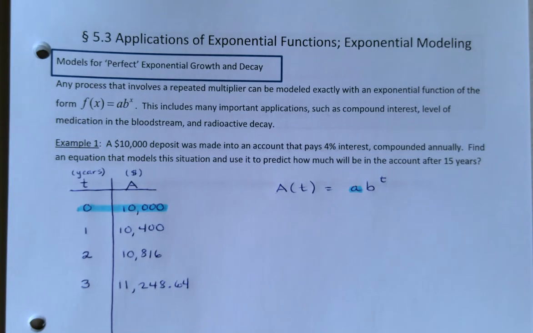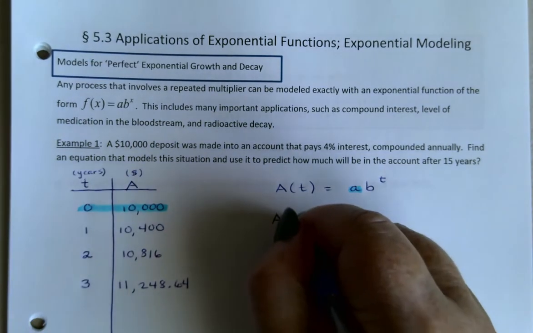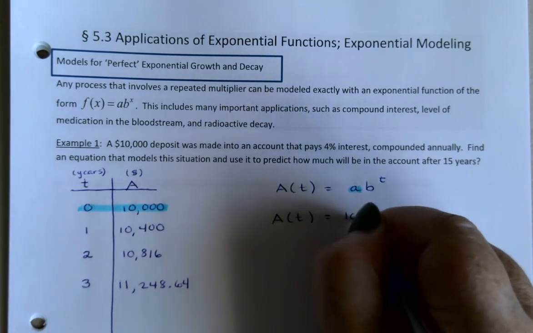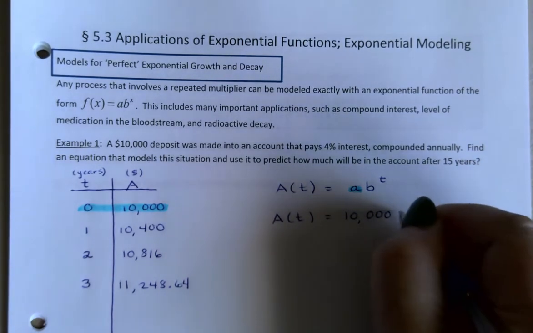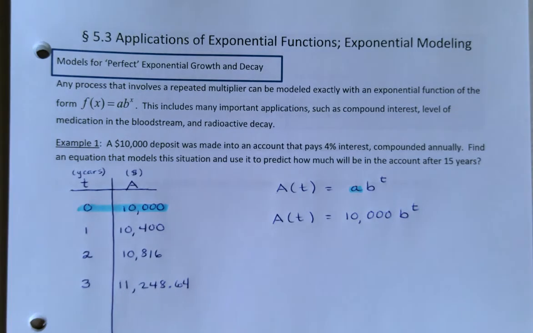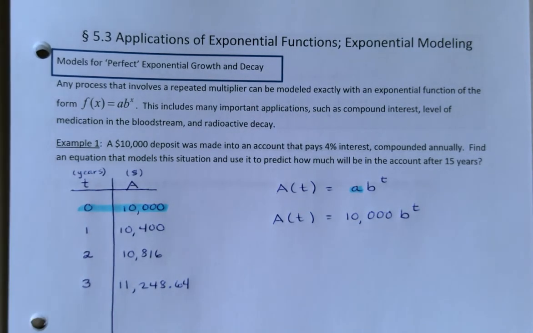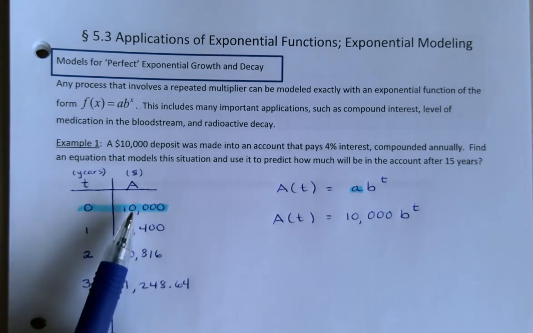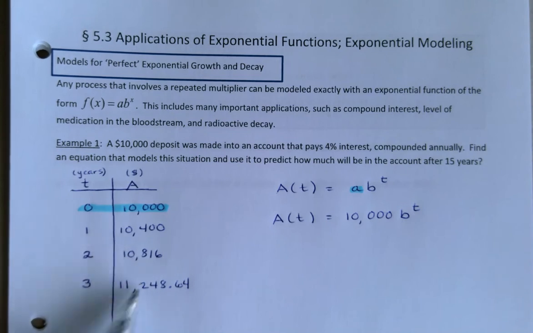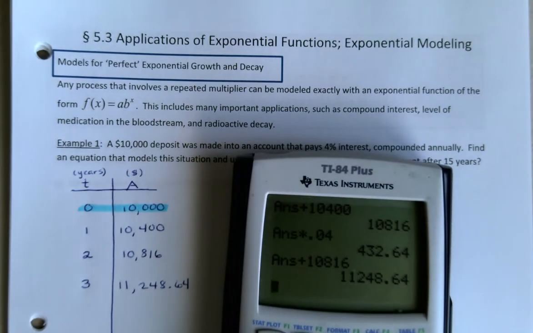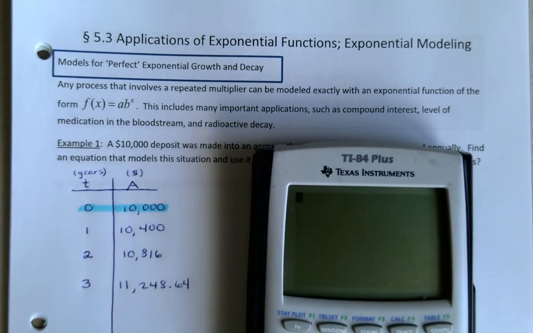The starting amount is the $10,000. Now, since my t values are going up by 1, there should be some constant multiplier that allows me to go from value to value each year.